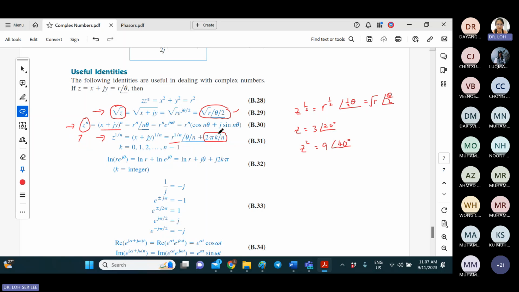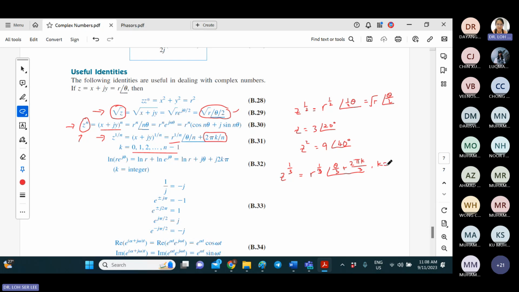This 2 pi k, what is k? Let's say you have z to the power of 1 over 3. N is 3 here. That means you have r to the power of 1 over 3, and for the angle, you have theta over 3 plus 2 pi k over 3.